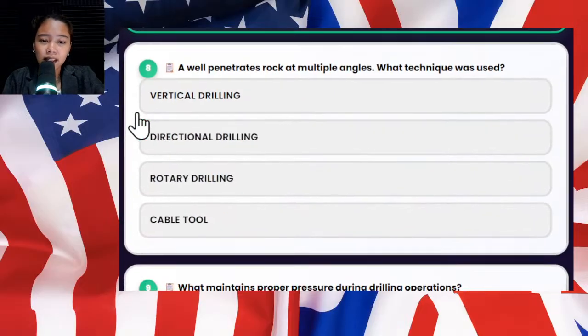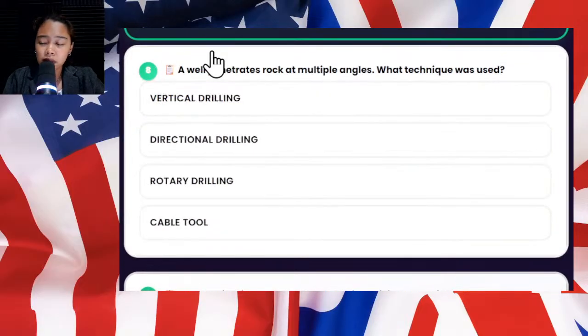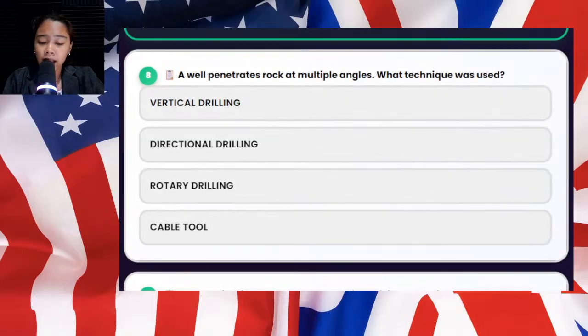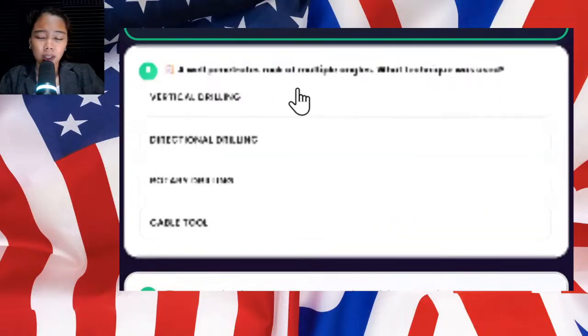Number 8. A well penetrates rock at multiple angles. What technique is used? Is it vertical drilling, directional drilling, rotary drilling, or cable tool?